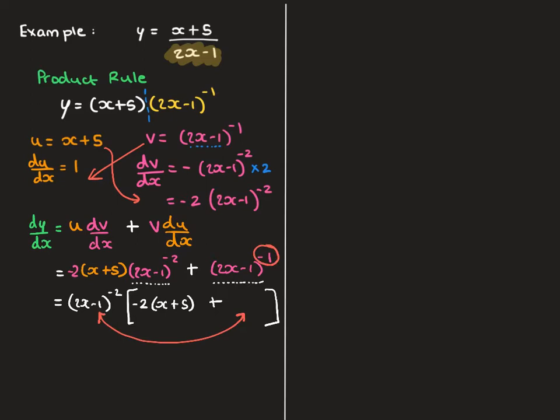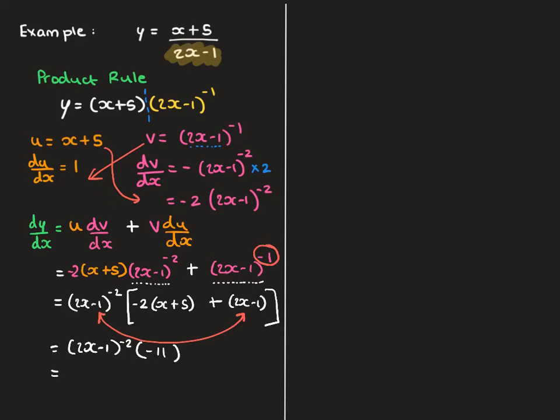So of course it's got to be 2x minus 1 to the power of 1, because then the powers will add together, negative 2 plus 1 will add together to give us the negative 1 power overall. Now simplifying this a little bit further then gives me 2x minus 1 to the negative 2 outside, and then the part in the large square brackets actually simplifies to give me negative 11.